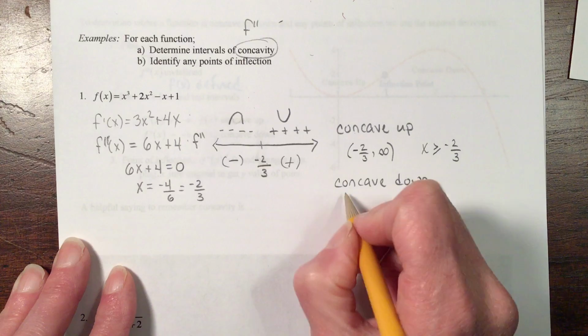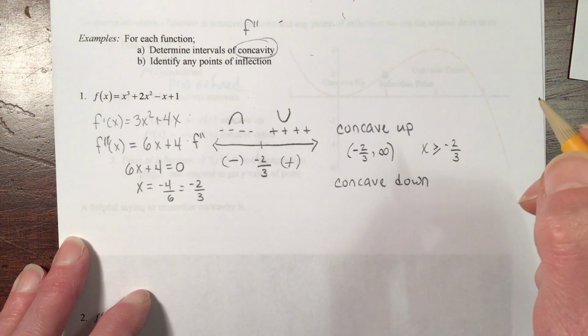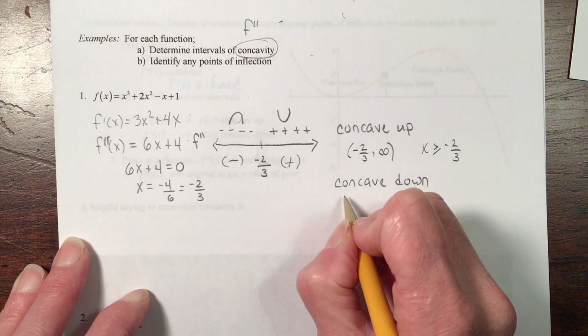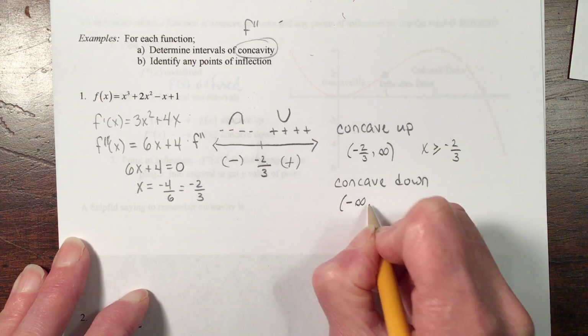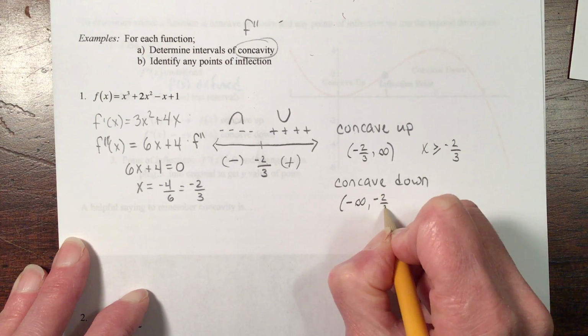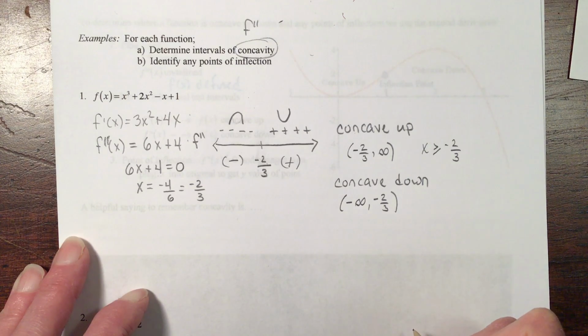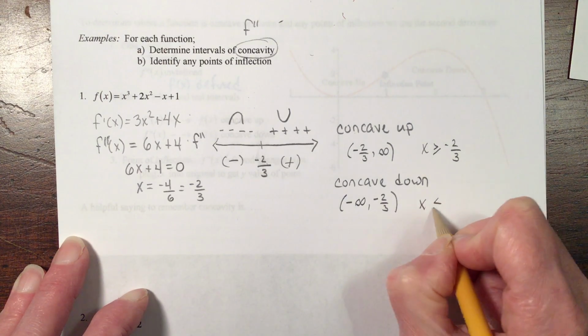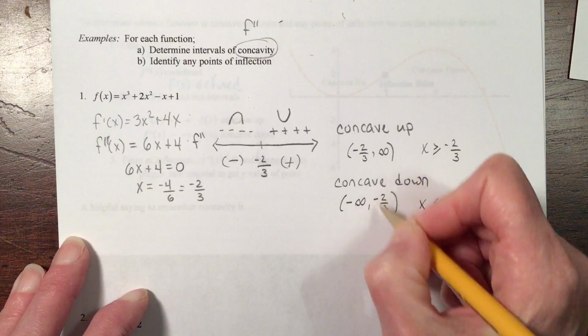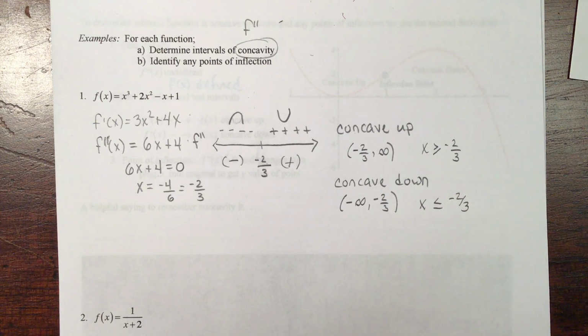It's going to be over here. Negative infinity to negative 2/3. Or x is less than or equal to negative 2/3. Now, I prefer to use interval notation at this point, but we can bounce back and forth. It's no big deal.